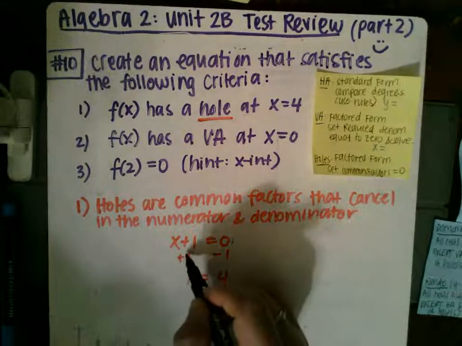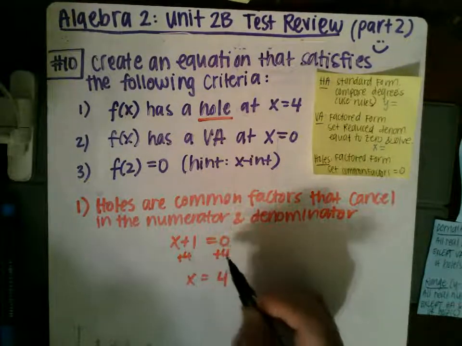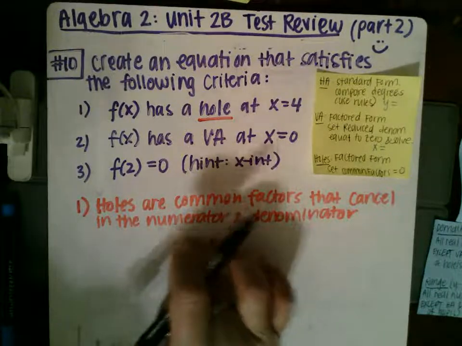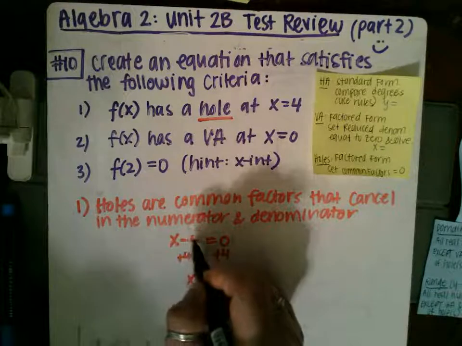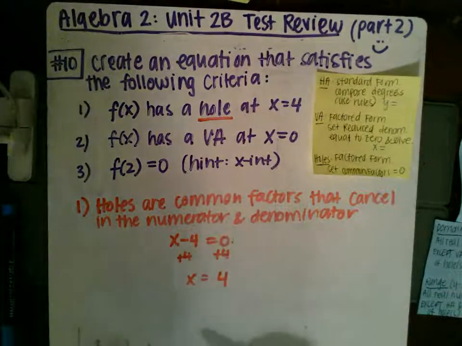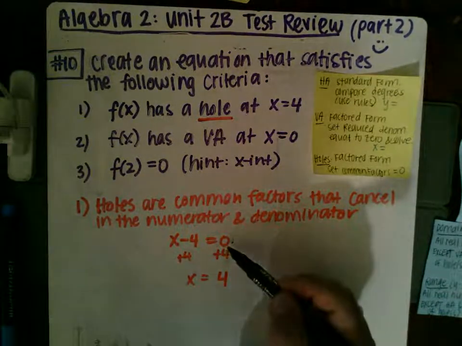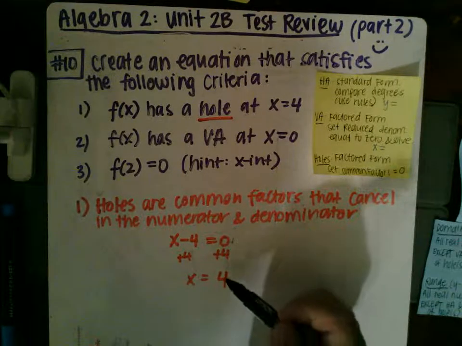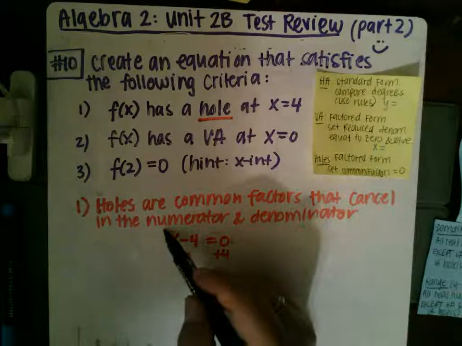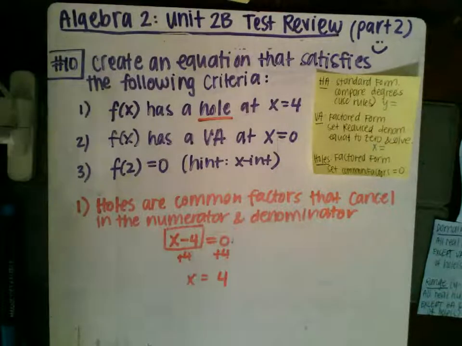we would be adding 4 to both sides, which means my factor is x minus 4. X minus 4 set equal to 0, I get the whole value, x equals 4. So this is my factor, x minus 4.